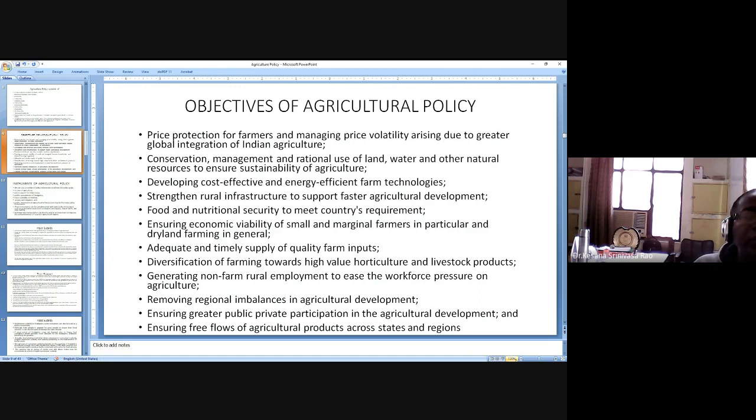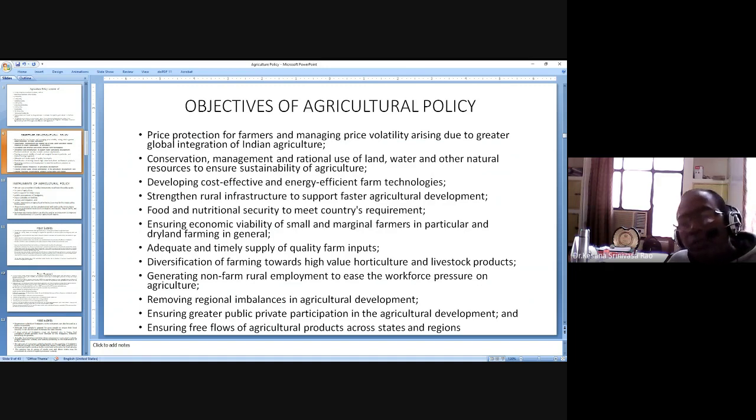Conservation, management and rational use of land, water and other natural resources to ensure sustainability of agriculture. Because sustainability of agriculture is at stake, and that is not in our hands.